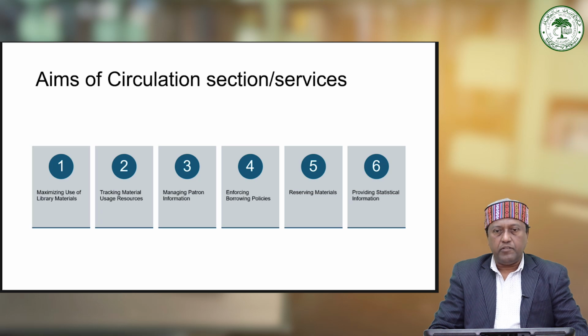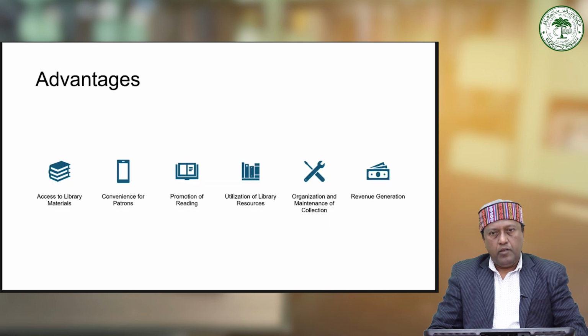So this circulation service generates statistical data related to circulation activities, such as the number of books issued, the number of reservations, fines collected, and other relevant metrics. This information helps in assessing the effectiveness of circulation operations and informing the decision-making process within the library.